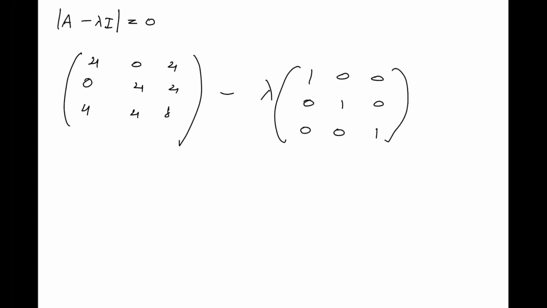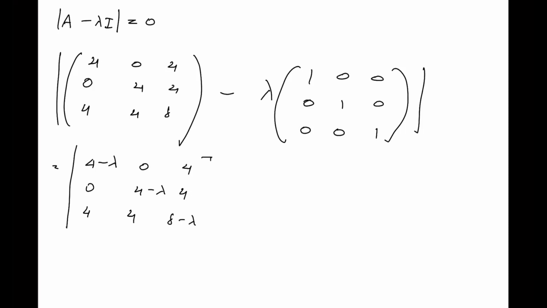So you can write this simply, it's pretty easy. You only have to subtract lambda from the diagonal elements. Others are not changing. So this is 4 minus lambda, and this is 4, 4, 8 minus lambda. Then you know how to find the determinant of this.